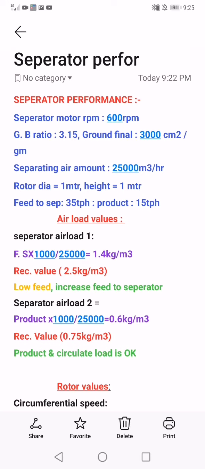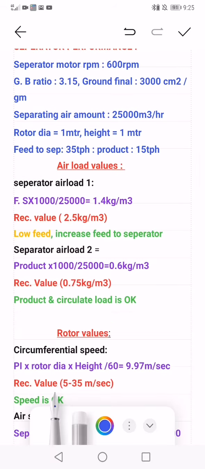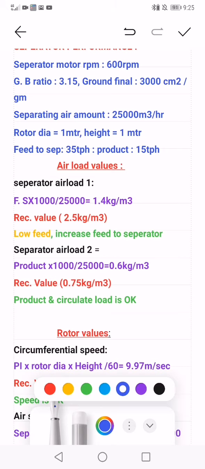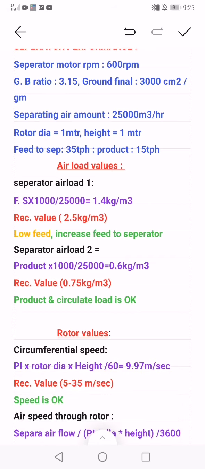So 35 into, and we have to calculate per kg, into 1000, divided by how much flow we are getting in the duct, that is air amount 25,000, that is equal to 1.43 kg per meter cube.